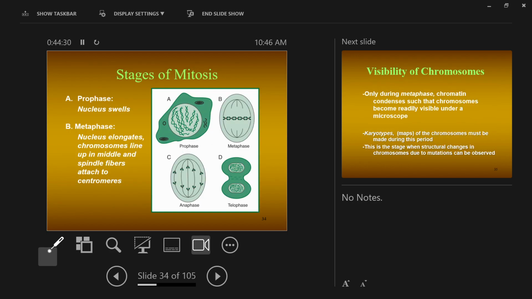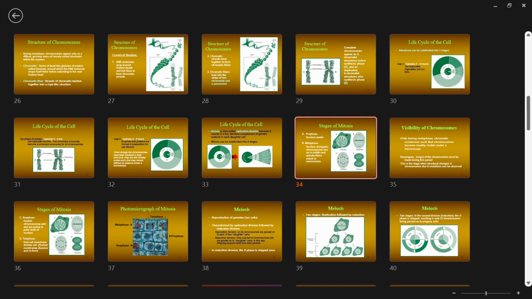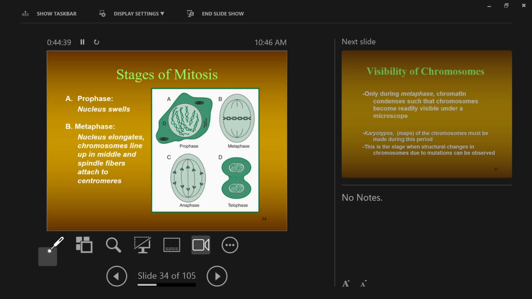All right, so here you go. Stages of mitosis shown. All right, so A, B, C, D, 4 phases of mitosis. Prophase. The nucleus swells. The DNA is copied. It is not ready to divide yet.